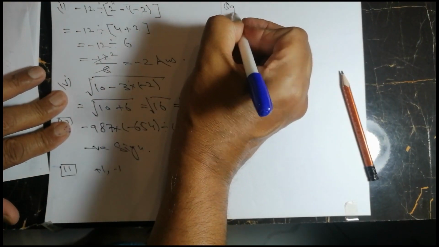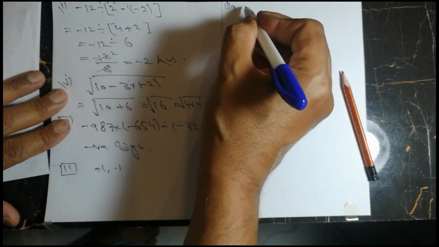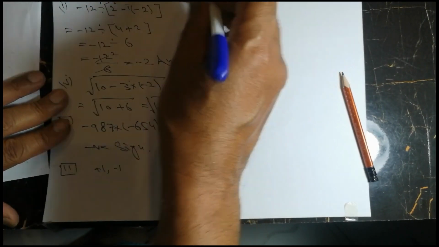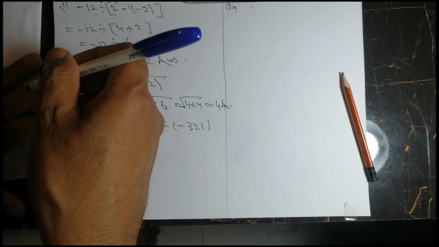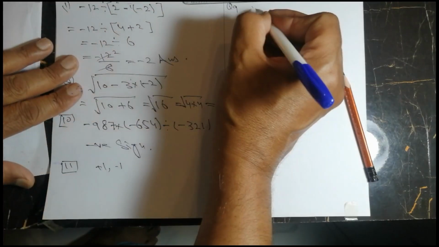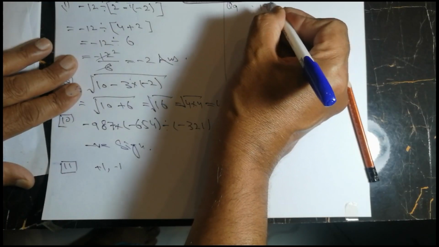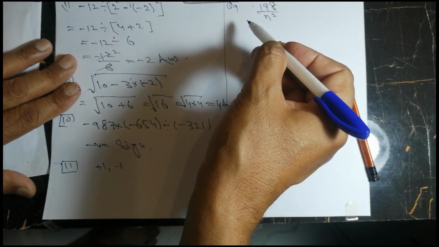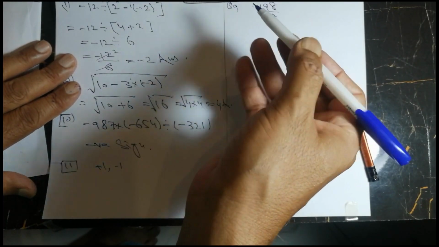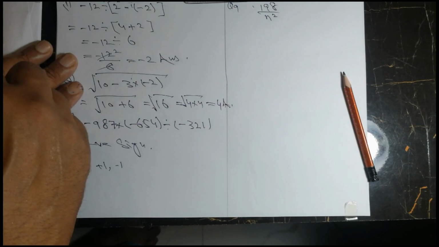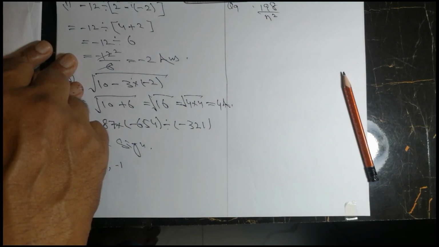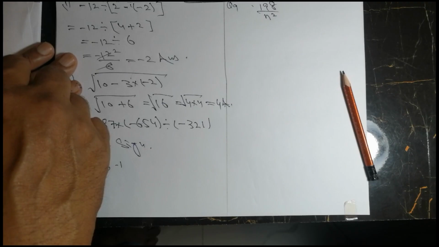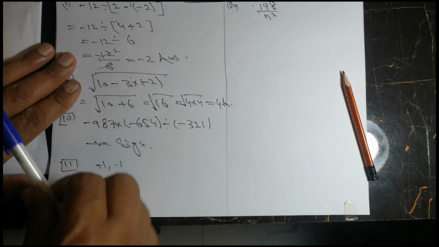Question 9. If n and 198 by n square are integers, find all possible values of n. So all possible values of n, integers mean that they start from 0, plus minus 1, plus minus 2, plus minus 3. So integers are whole numbers with the positive sign as well as negative sign.